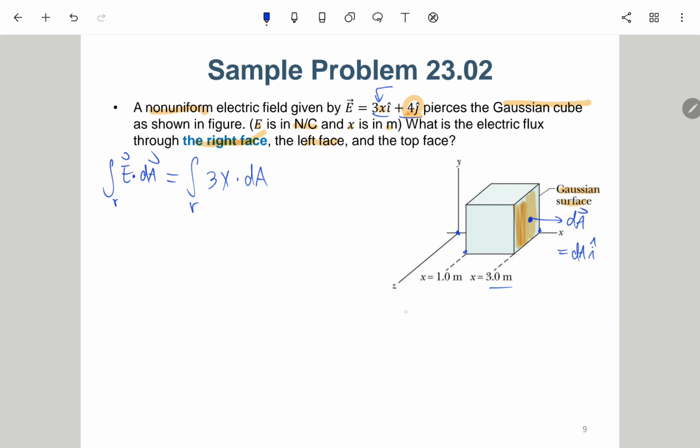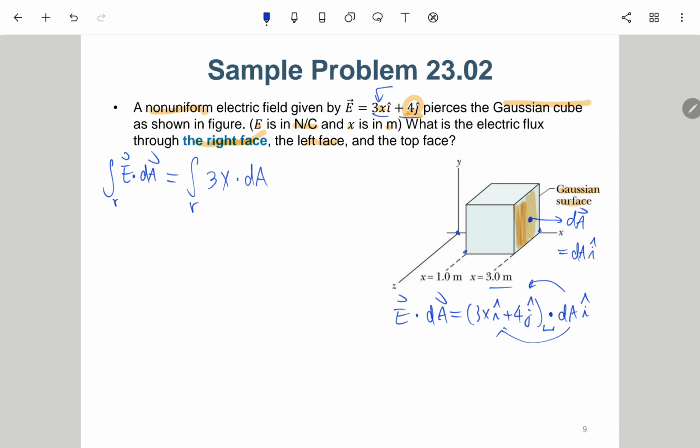In this case we have E dot dA to be 3x i hat plus 4j hat, dotted with dA i hat. This is a dot product, the inner product, which is a kind of multiplication, so we can use the distributive law.